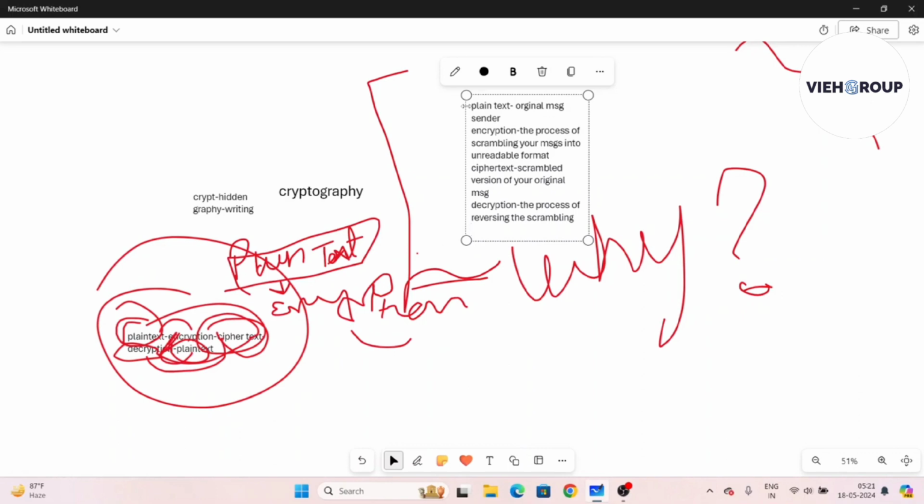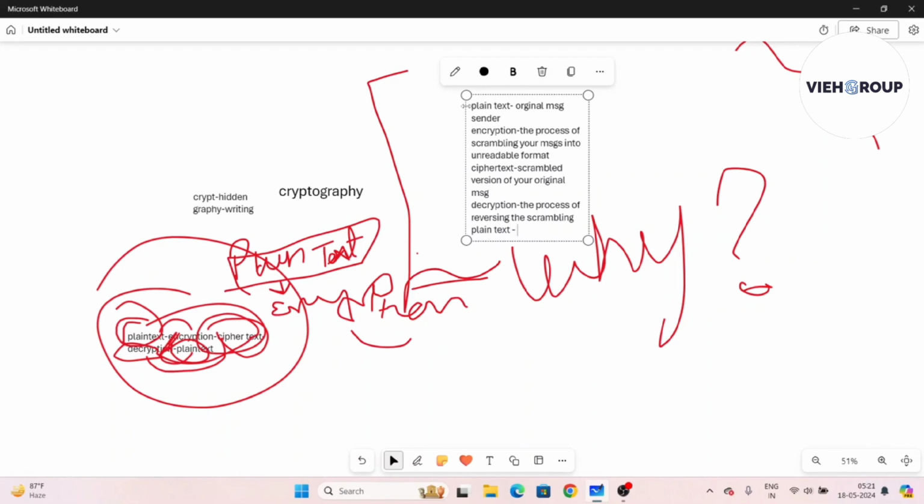It is the opposite of encryption. Now the last point is again plain text, the original message again.